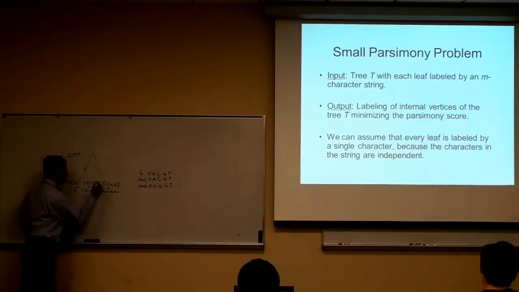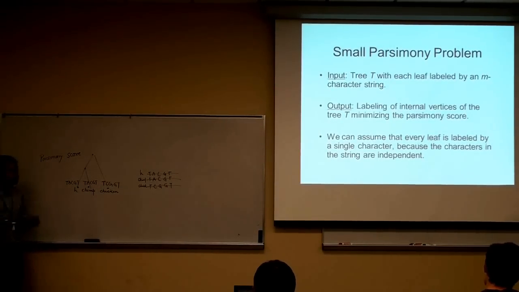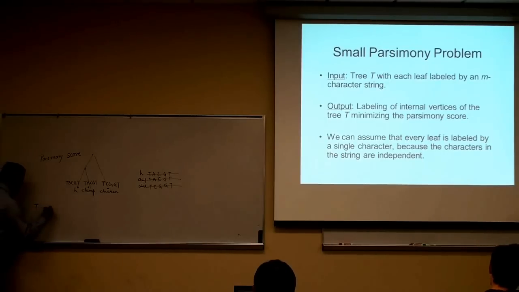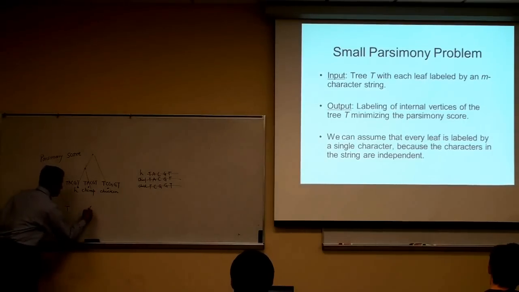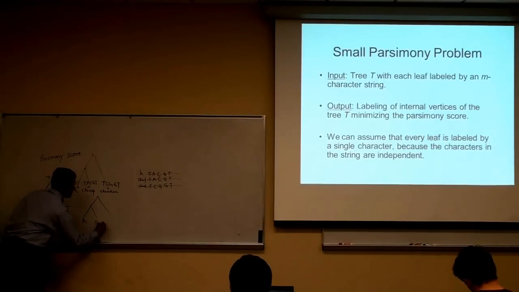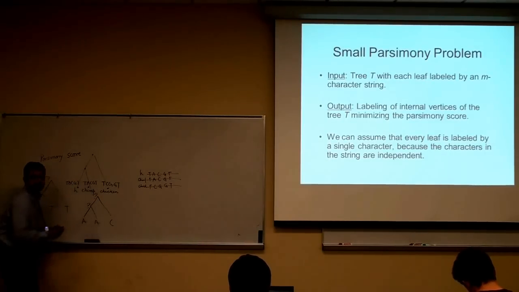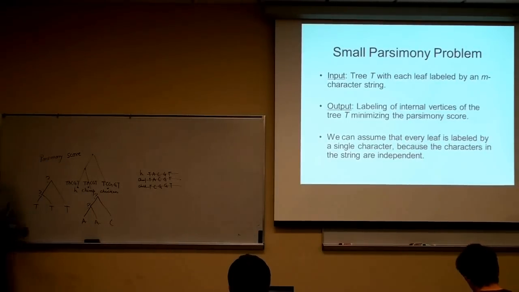This A, this C correspond to each other evolutionarily. Which means we can solve the problem on this instance, try to guess what was here, and then separately solve the problem for this instance, try to guess what was here, and then put together those guesses one after the other, and that's the right answer.